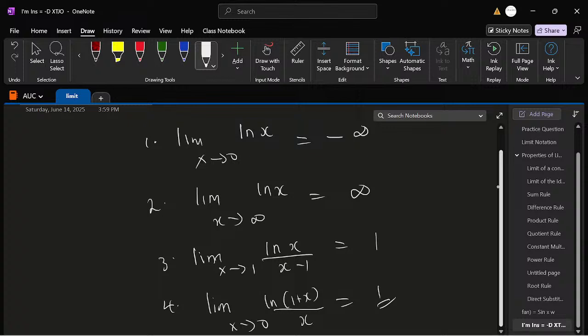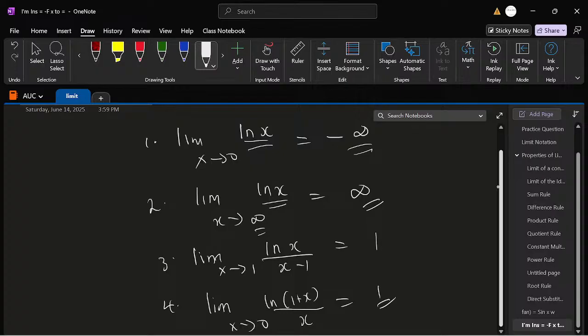The limit as x approaches 0 of ln x will be negative infinity. The limit as x approaches infinity of ln x will be positive infinity. The limit as x approaches 1 of ln x divided by x minus 1 will be 1. And finally, the limit as x tends to 0 of ln(1 plus x) over x is equal to 1.